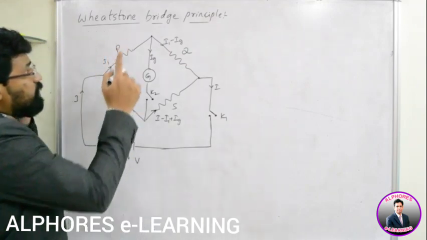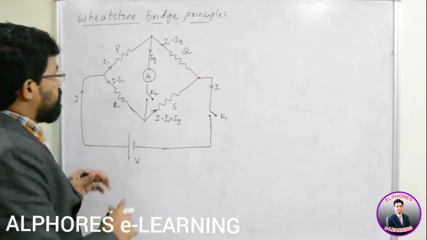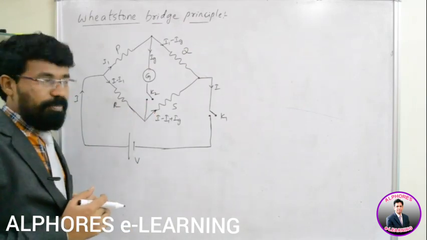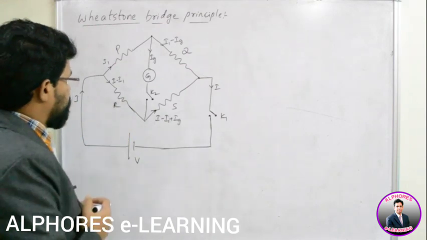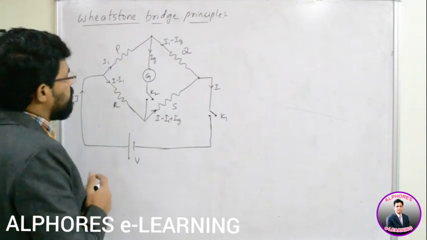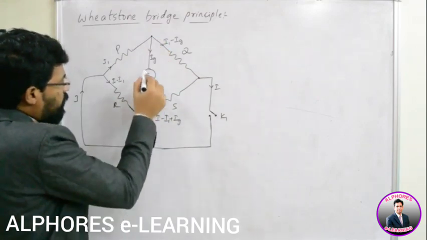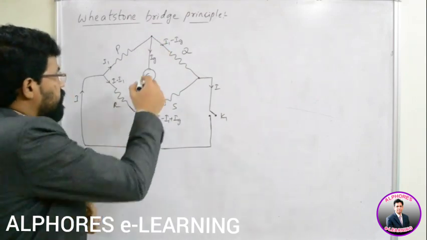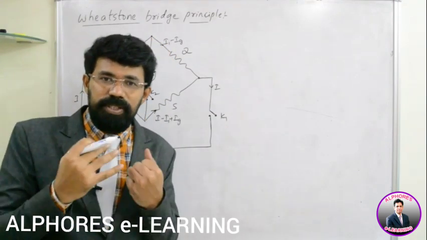Now, according to the Wheatstone's bridge principle, under the bridge balance condition, if no current passes through the branch containing the galvanometer, then the bridge is said to be balanced.